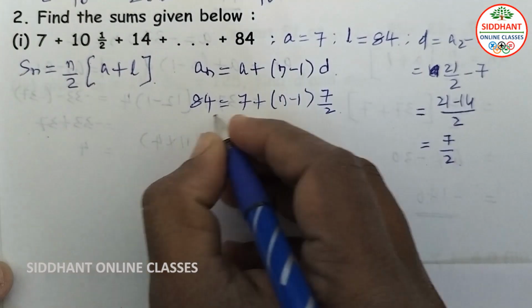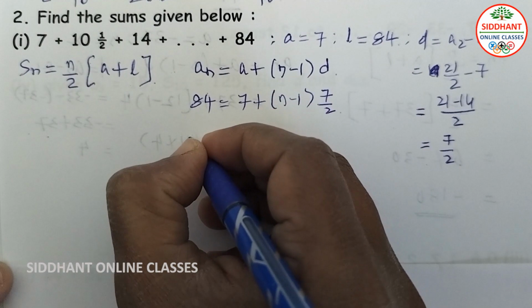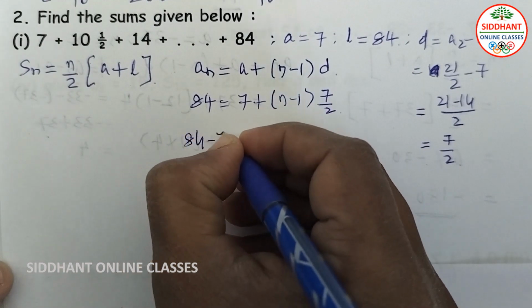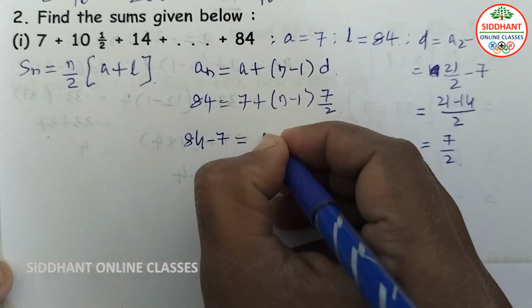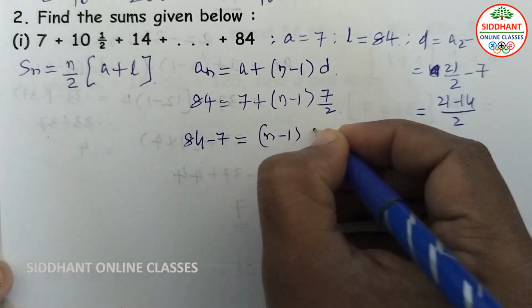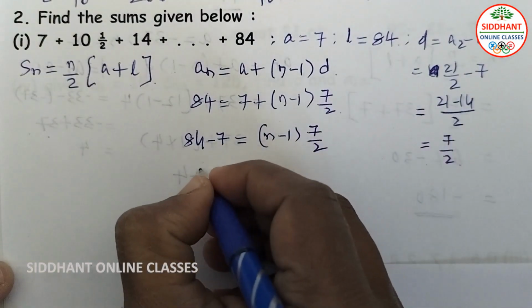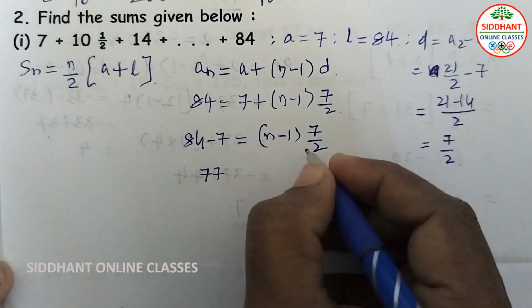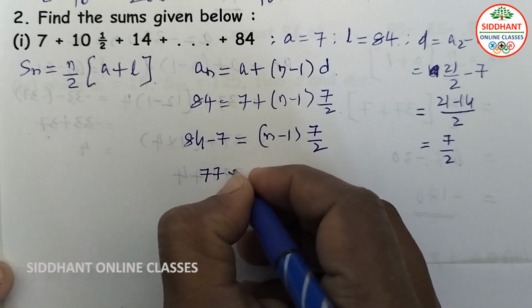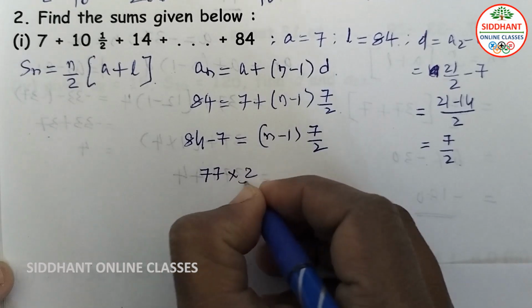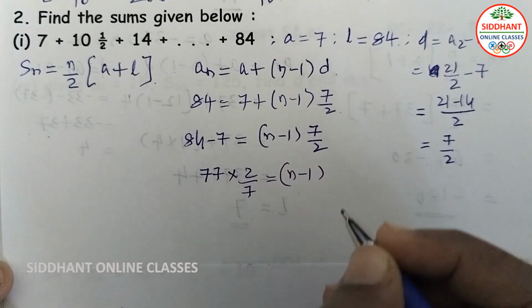So now 84 minus 7, which is 77, equals n minus 1 into 7 by 2. Taking this to the left-hand side, it will be 77 into 2 by 7, equals n minus 1.